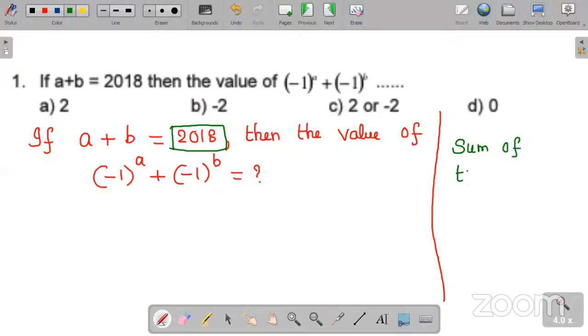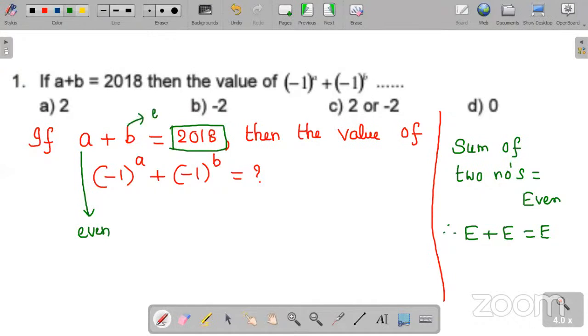That means even plus even gives even, so A is an even number and B is also an even number.